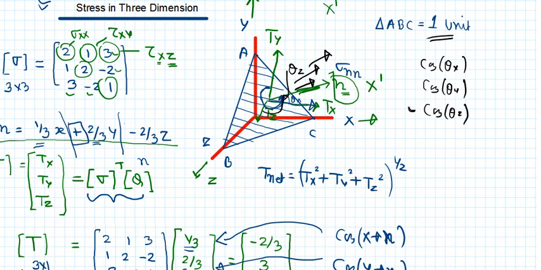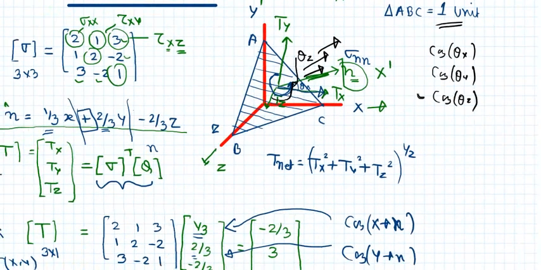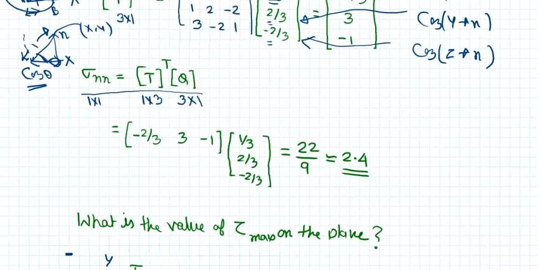So this combined force is nothing but the traction force also. Okay, so what we actually did: Tx must be multiplied by cos theta x, Ty multiplied by cos theta y, Tz multiplied by cos theta z. So all the forces have been resolved along the normal direction, and it will come out as 22 by 9, or you can say 2.4.